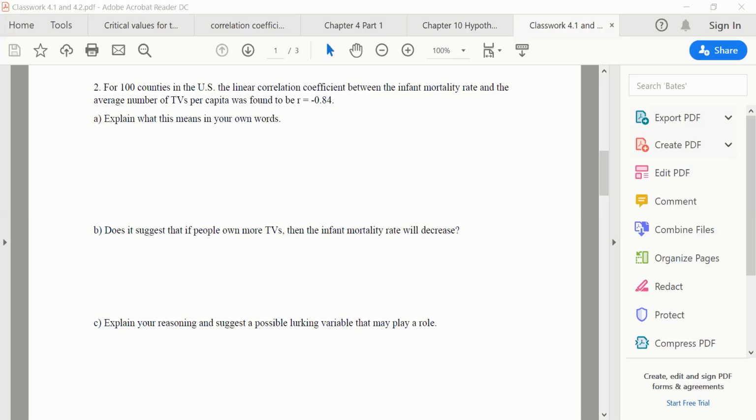What does an R value of negative 0.84 look like in the graph? It's going downward. It's decreasing. Yeah, we have it downward. So it's a negative correlation. It's pretty strong negative correlation.